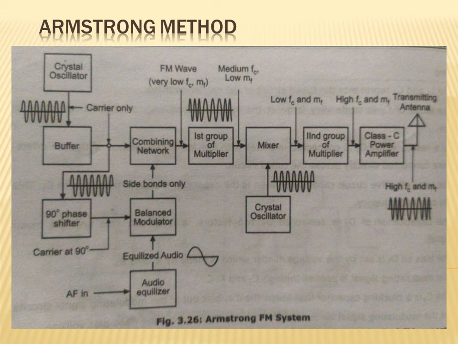This class C power amplifier increases the strength, that is, the power level of the signal. This high FC and high MF signal is transmitted by using the transmitting antenna. So this is the explanation for the Armstrong method.